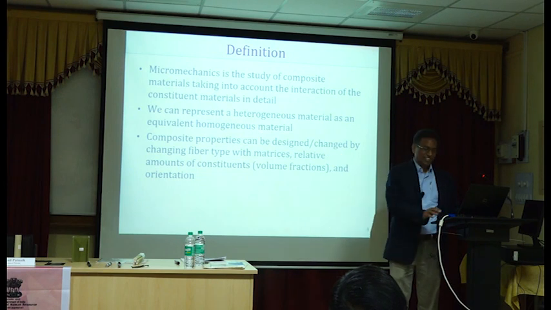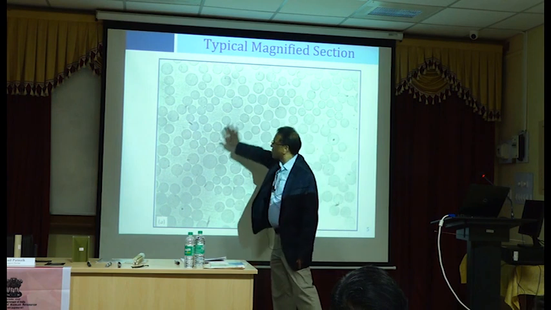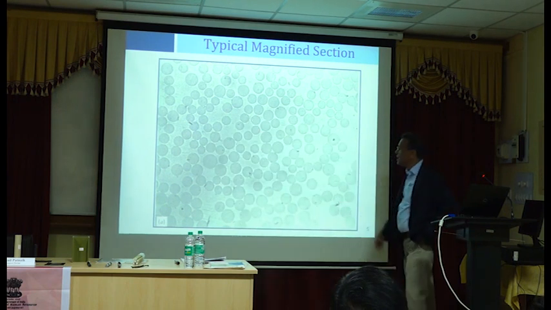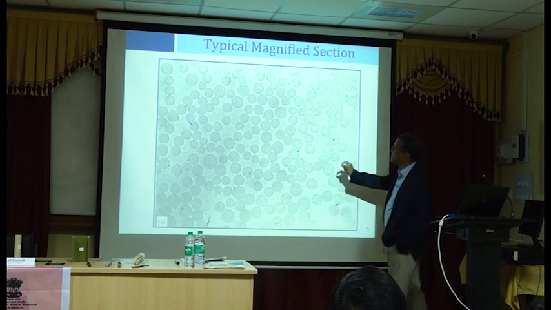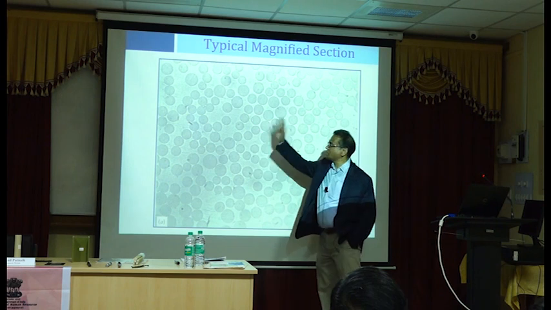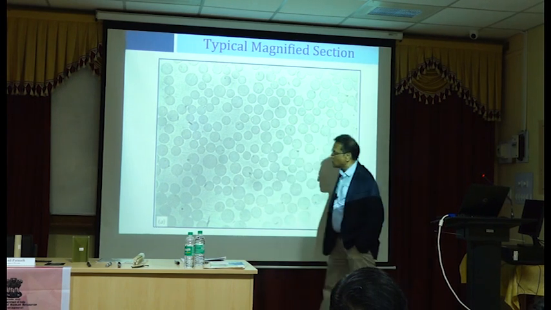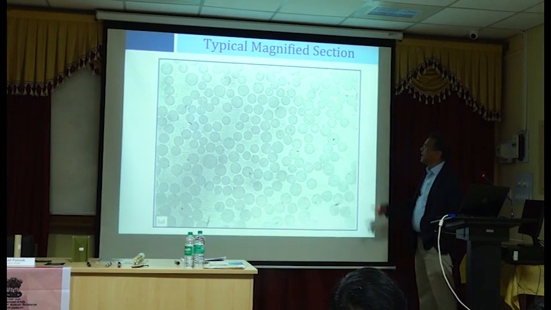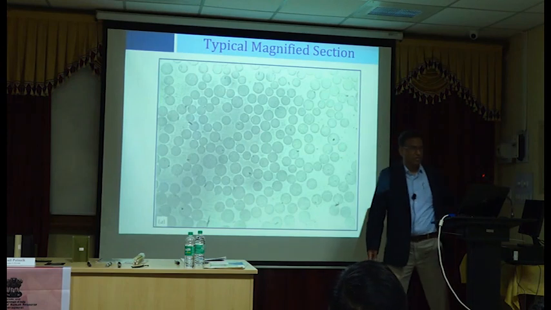Yes, sir. Very good. So if you cut a cross section through a composite and look under very high magnification, you will see the fibers are dispersed throughout and there is matrix, right? Do you see anything else in this slide? Cross section.